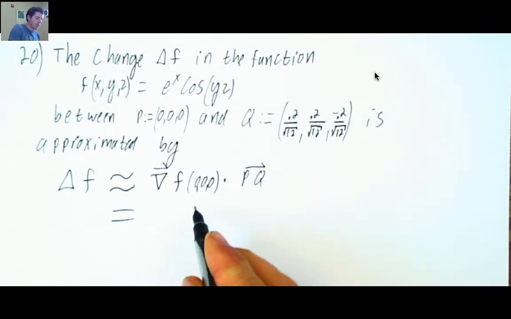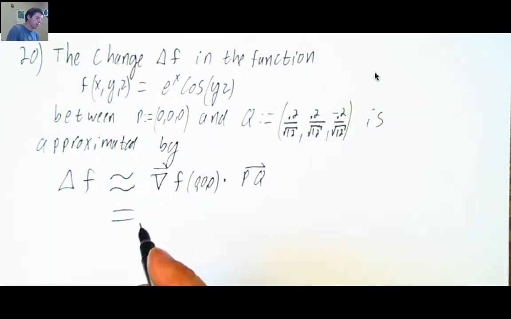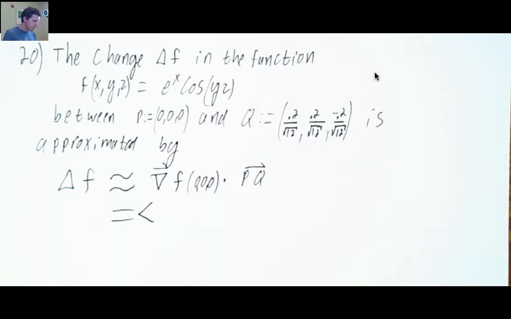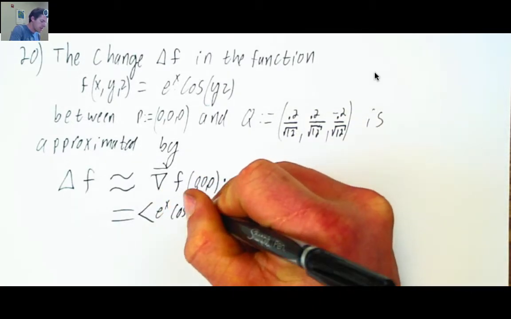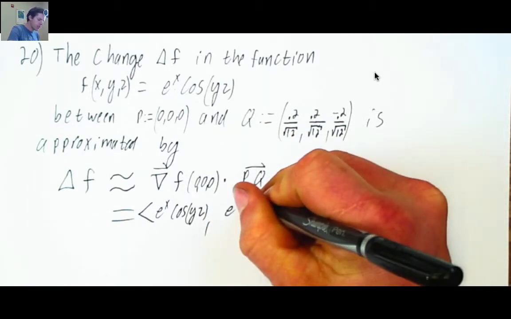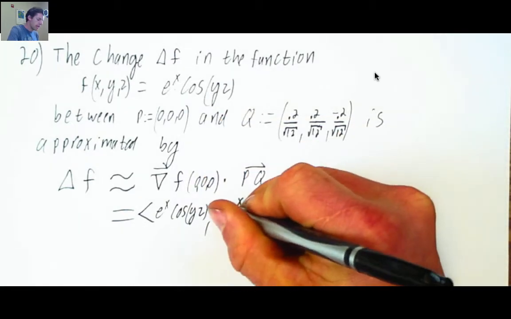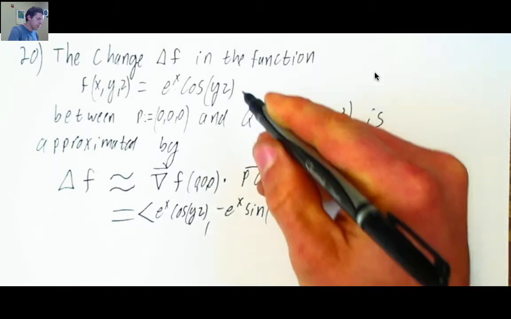Now, I write an equal sign here. It means that is going to be equal to, right? That's always the thing from the end of the previous line that's matched up with the equal sign. Okay, the gradient of f. Derivative with respect to x of that will be just e to the x cosine yz. Next component, derivative with respect to y. Well, that won't touch the e to the x. Then I'll have the derivative of cosine, which is sine, with a negative sign. And let's see, the derivative of the inside with respect to y.